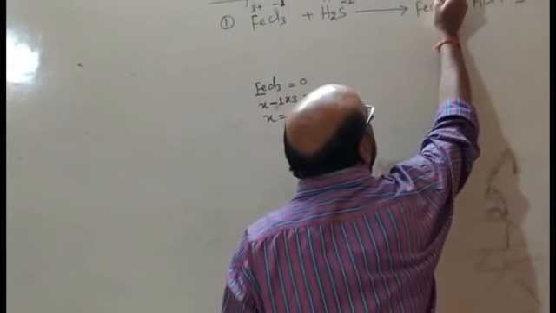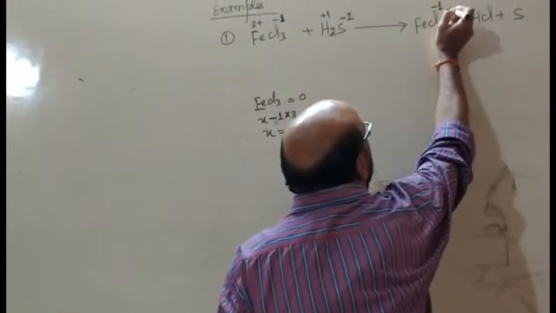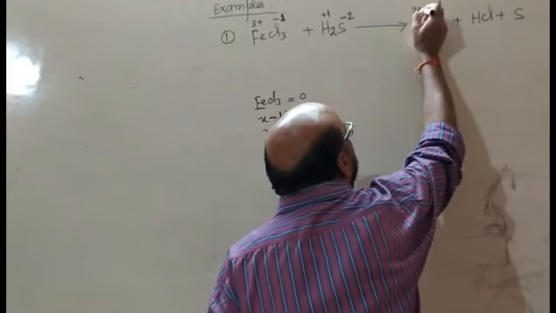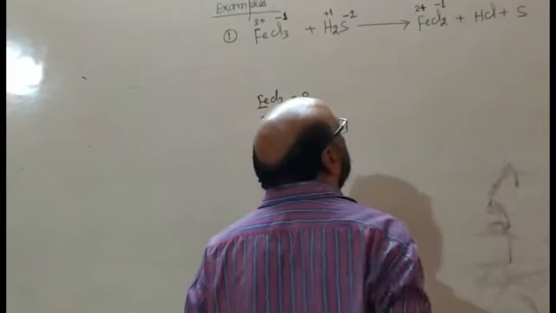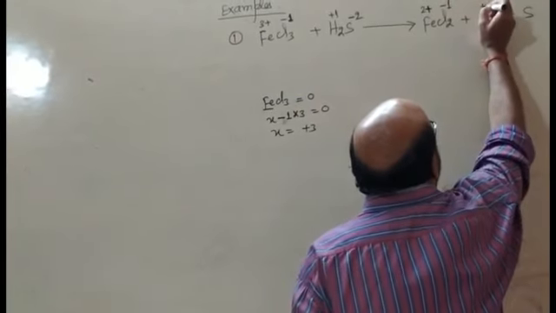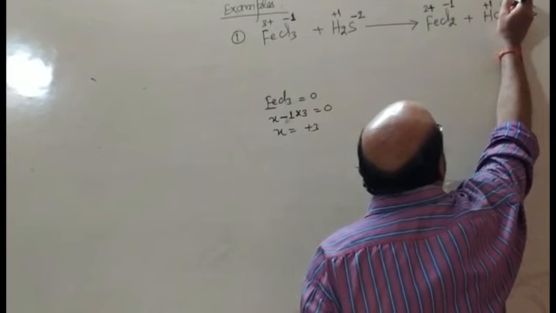Likewise, you determine the oxidation state of chlorine: -1. Here iron you will calculate. It will be +2, hydrogen +1, chlorine -1.